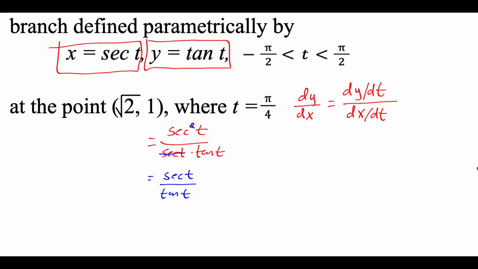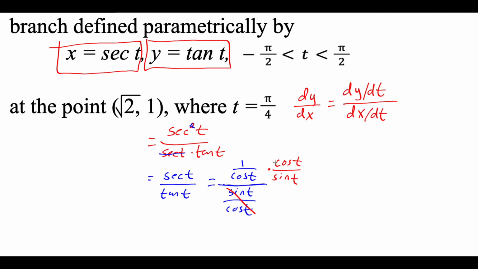But there's even more simplifying that can happen in here. We know that the secant of t is 1 over the cosine of t, and the tangent of t is the sine of t over the cosine of t. We don't typically like to divide by a fraction, so instead I'm going to multiply by the reciprocal of that denominator fraction.